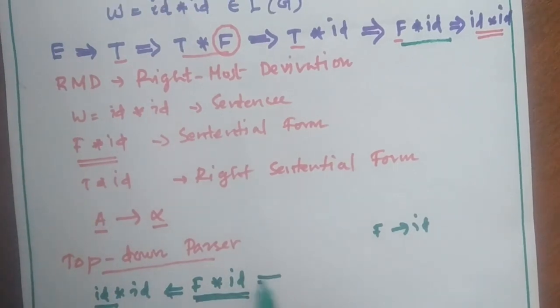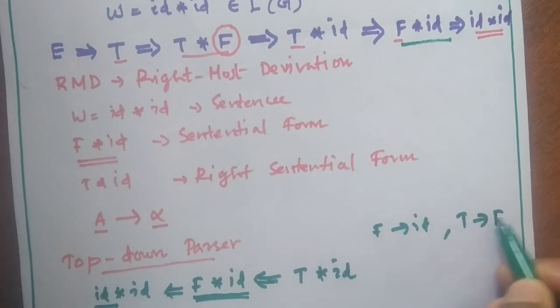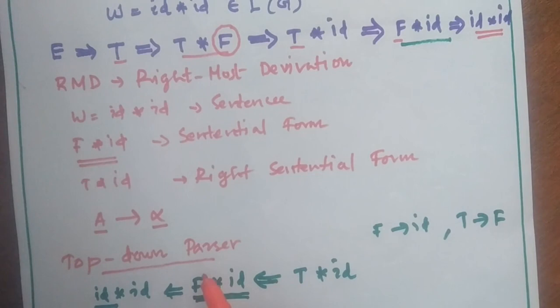Again, from this right sentential form, a top-down parser will find the just previous right sentential form. Look at here. What it did in this case is, it replaced F by T, and here you know that the production it uses is T gives F. So it identified a substring of the right sentential form.